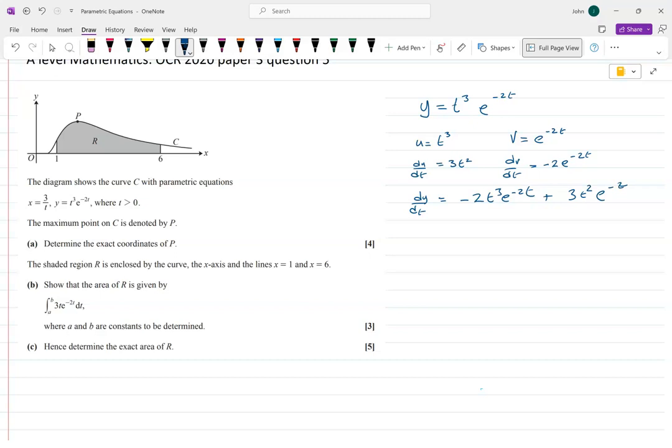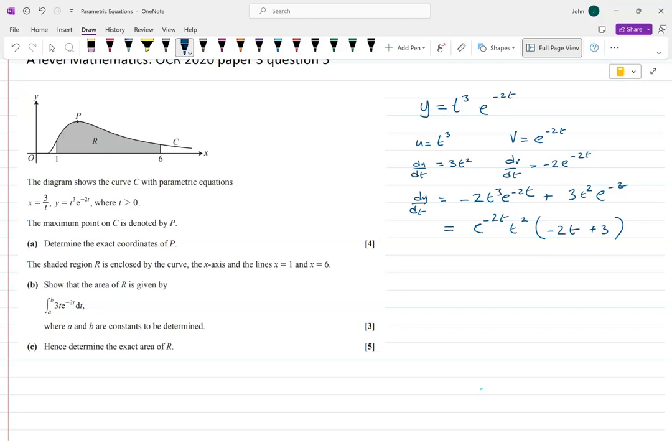I'm going to factorise that and simplify. Let's take e to the minus 2t out and take t squared out. We're going to end up with minus 2t plus 3 in our bracket there.